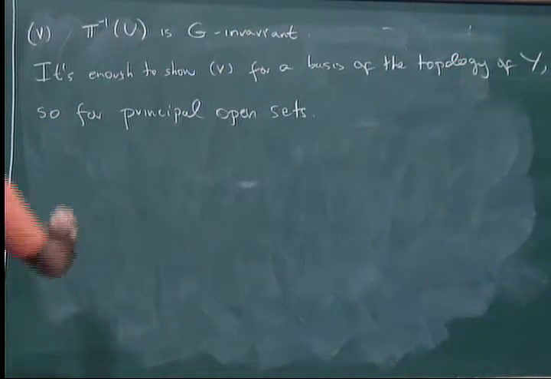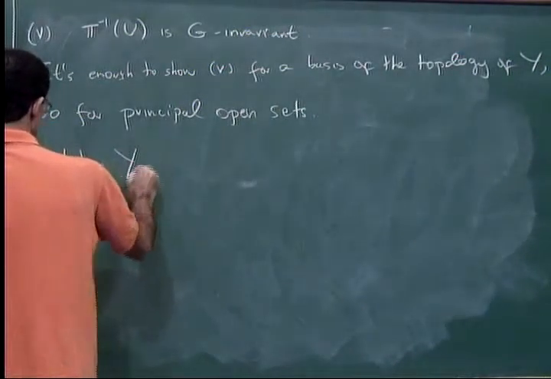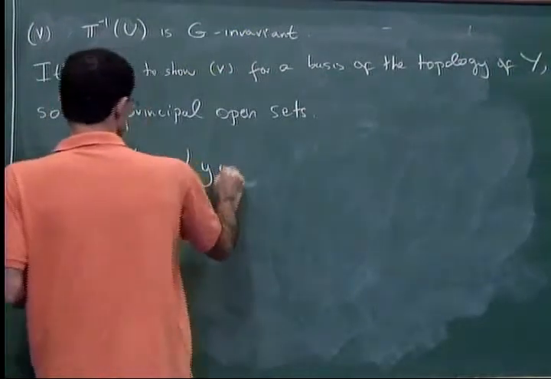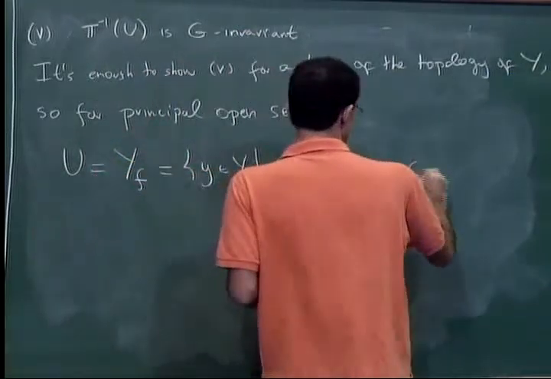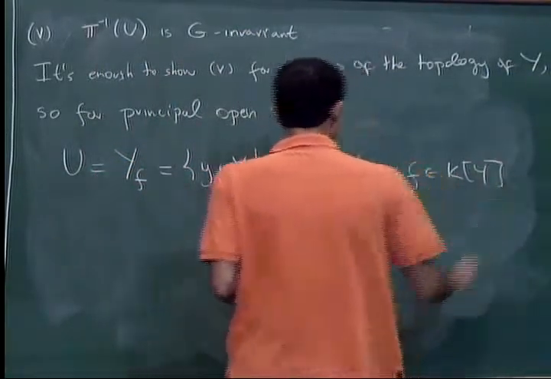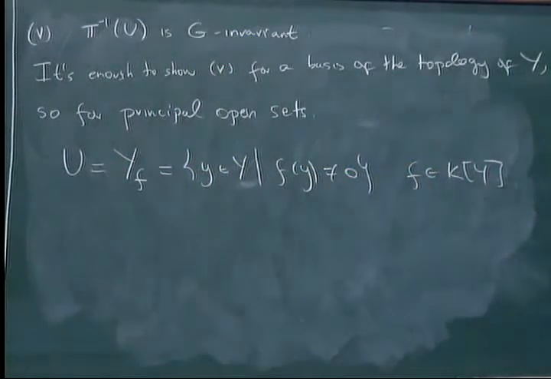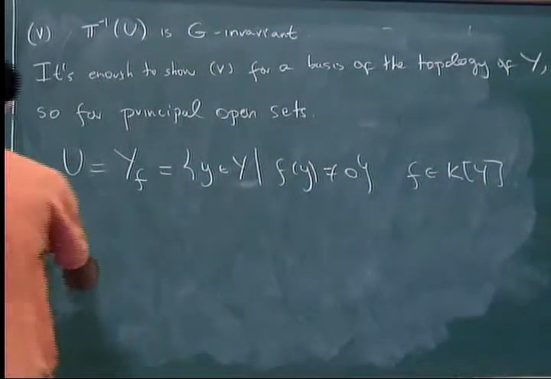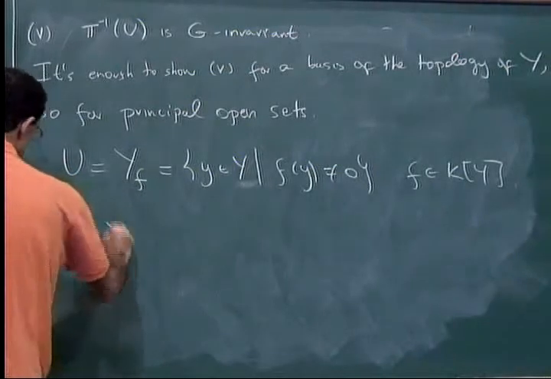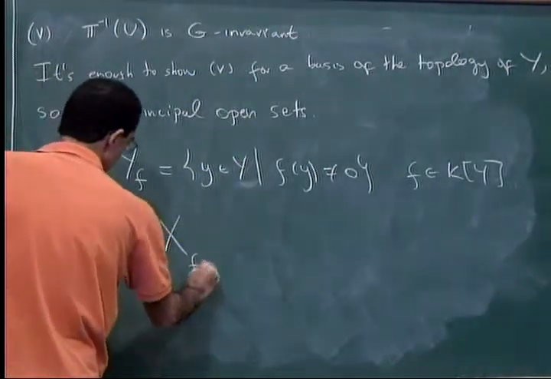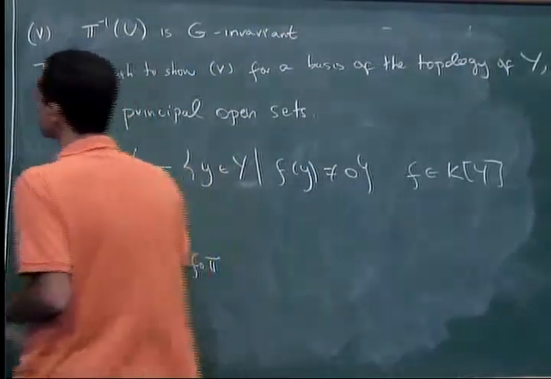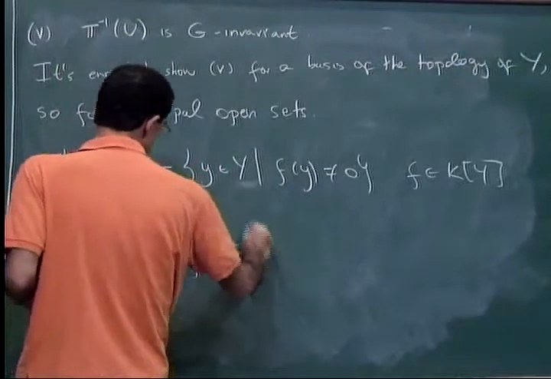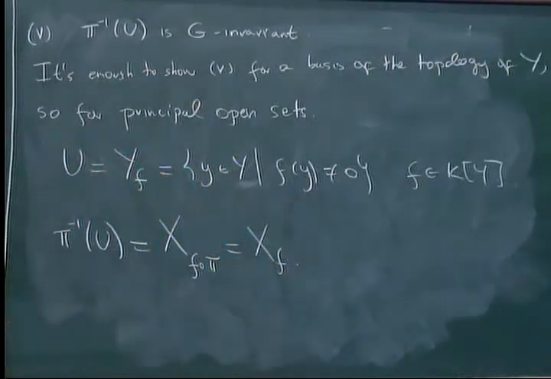So we're going to consider then U as Y_F, the points where F is non-zero, where this F is a regular function. Then the inverse image of U is X_{F∘pi}, and if we view this as just the inclusion, that's X_F.